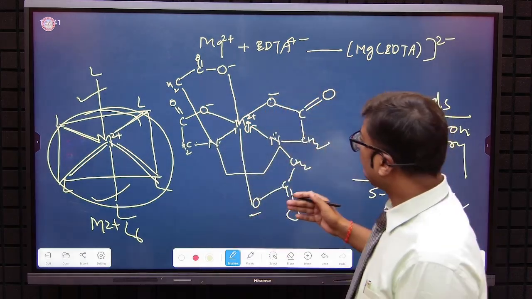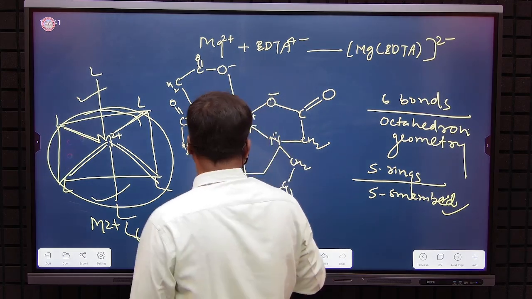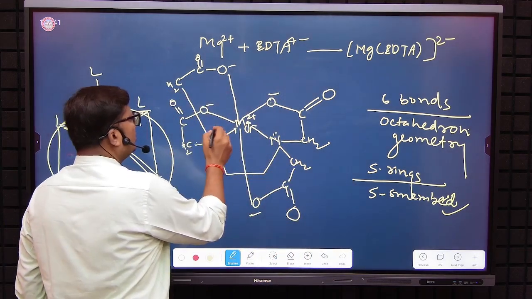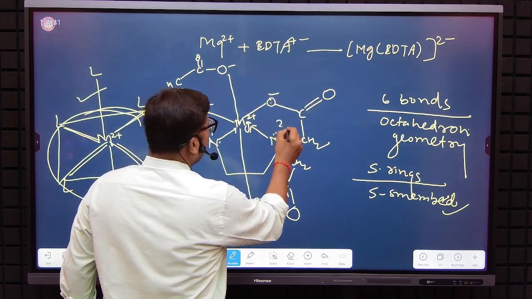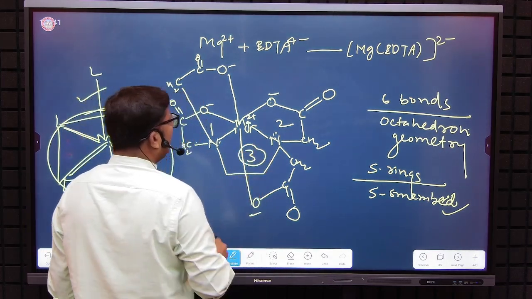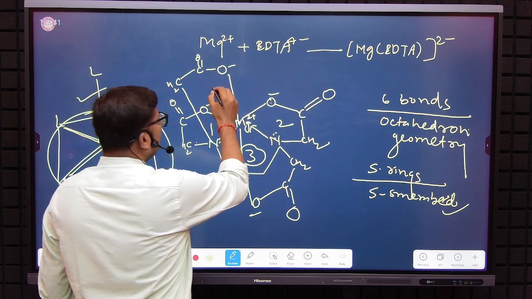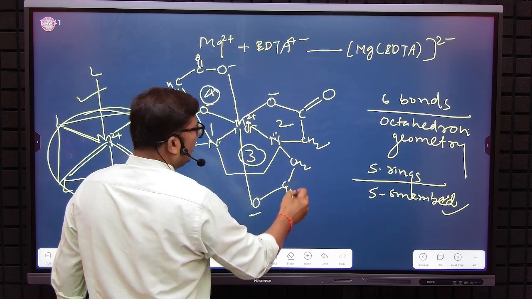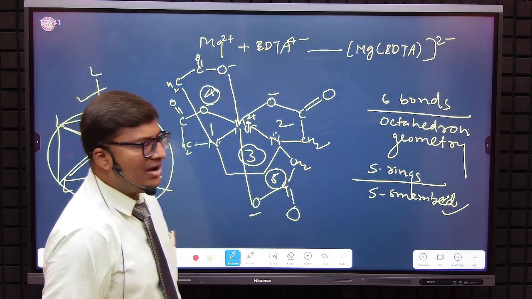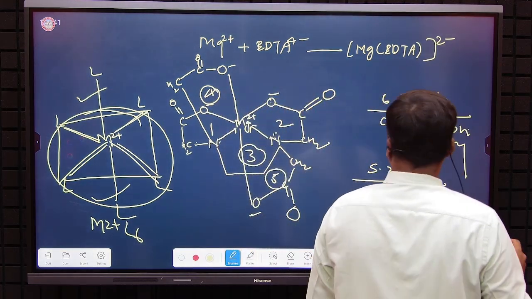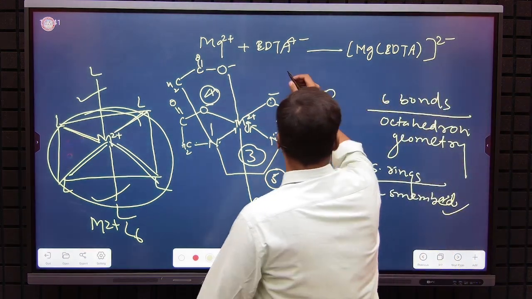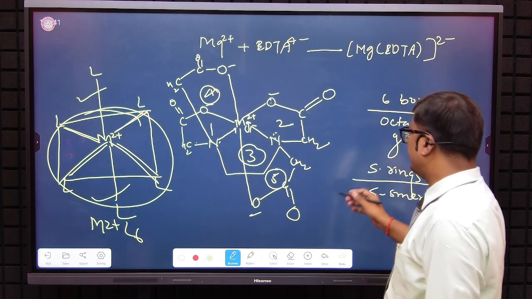Okay, so there are 5 membered rings, this is your first ring, this is your second ring, and this is your third ring, right? And one ring is due to this, that is 4th, and one ring is due to this, 5th. So 5 ring structures are formed. So that is why the Mg2+ EDTA complex is highly stable.